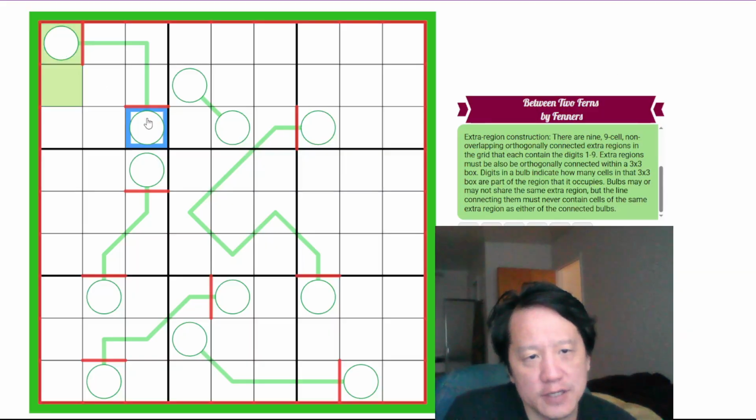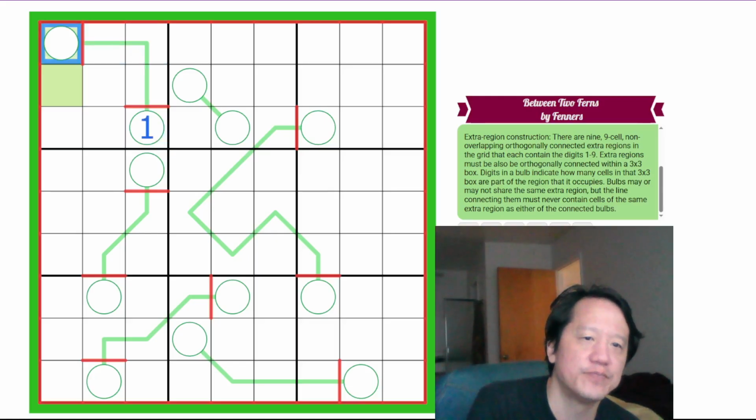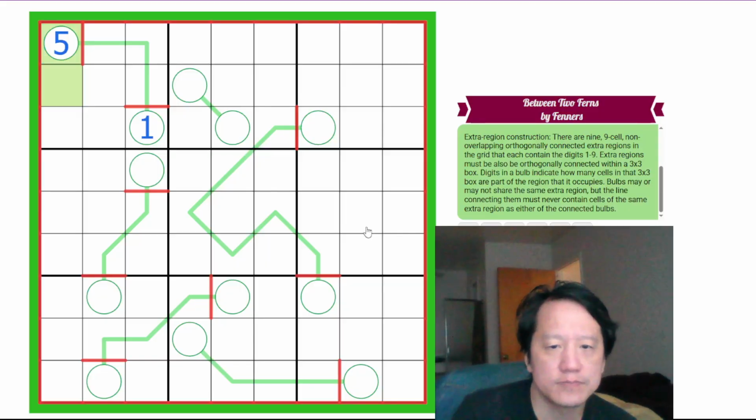So again, these cannot be part of the same region. I think this still has to be 1 and 5, right? These are all green.